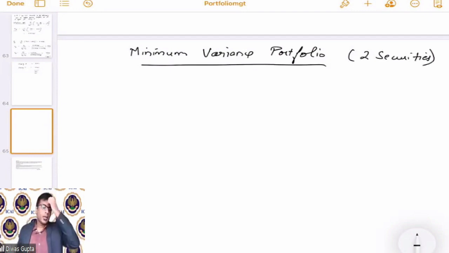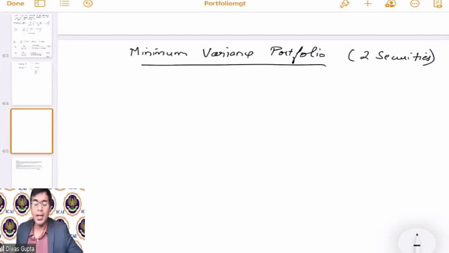Now, on minimum variance portfolios for two securities, there is again a ready-made formula, or the ready-made conclusion that the Sharpe index model gives us. We just apply that conclusion and calculate the securities as well as the amounts to be invested.